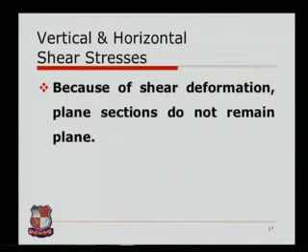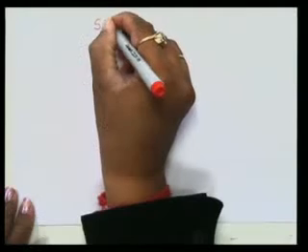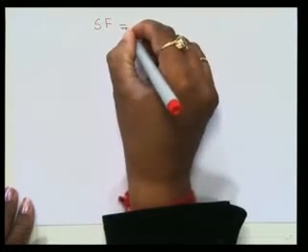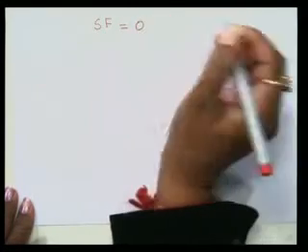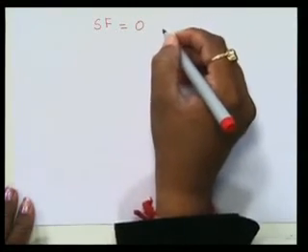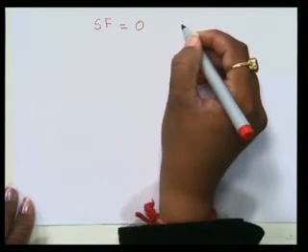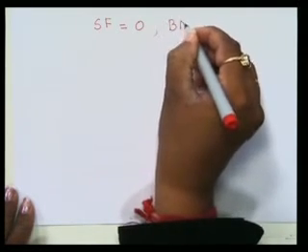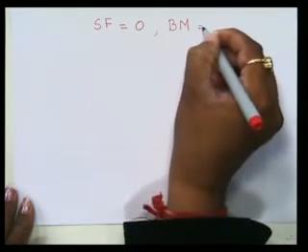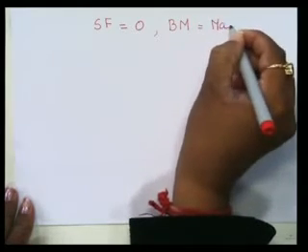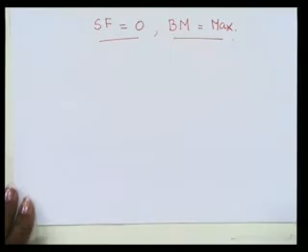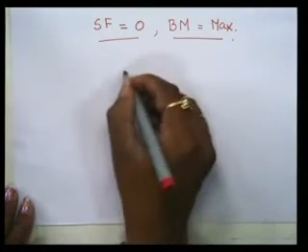We know that when the shear force value is 0, or shear force is changing its sign from positive to negative, at that particular point the bending moment value is maximum, right?